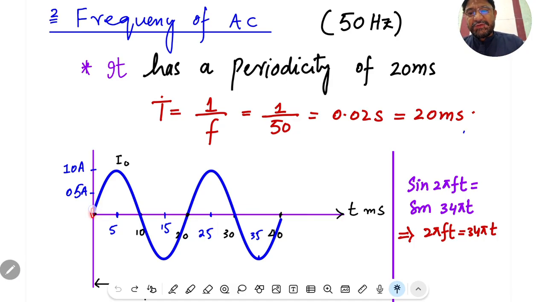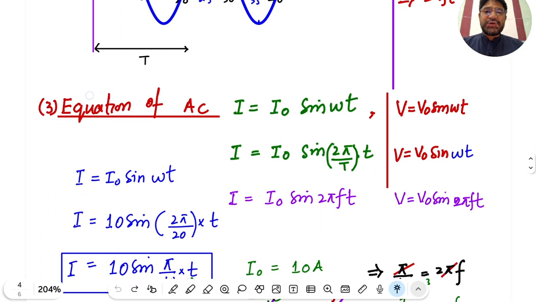The value starts from 0, reaches maximum positive, then goes back to 0, then negative maximum, goes back to 0, and this repeats for each complete cycle. The peak value appears after 5 milliseconds, then the negative peak appears after 15 milliseconds, then the positive peak appears again after 25 milliseconds and 35 milliseconds, and so on. So this tells me it has a sinusoidal behavior.